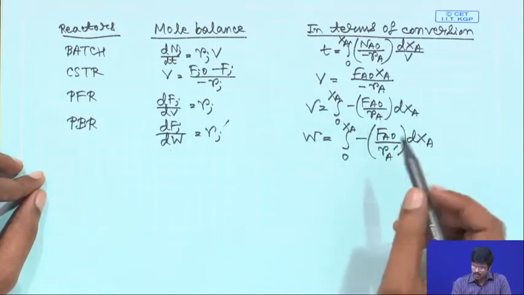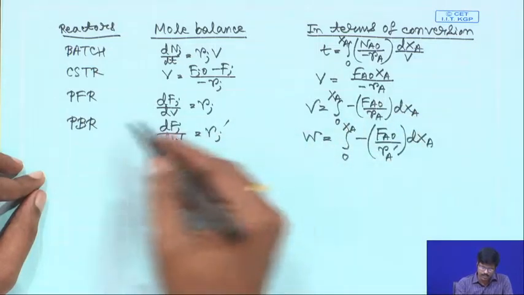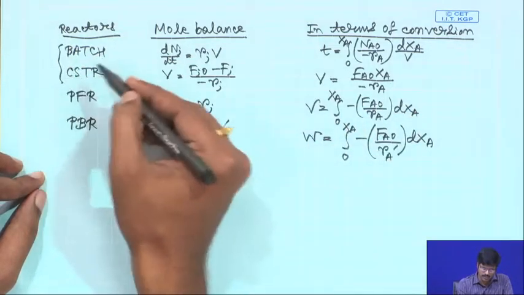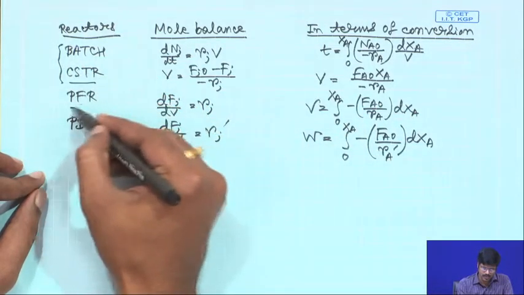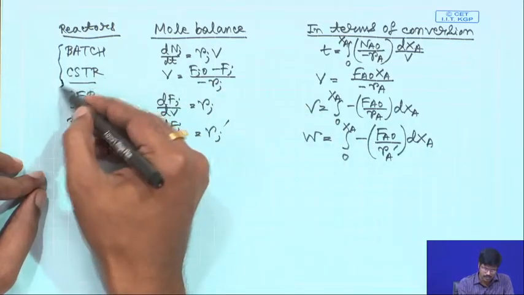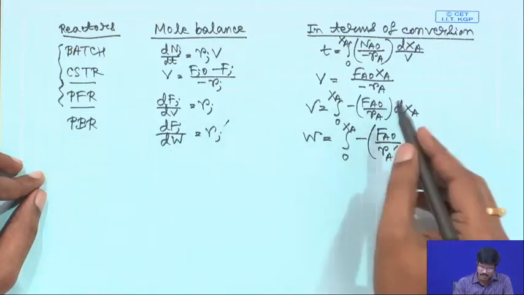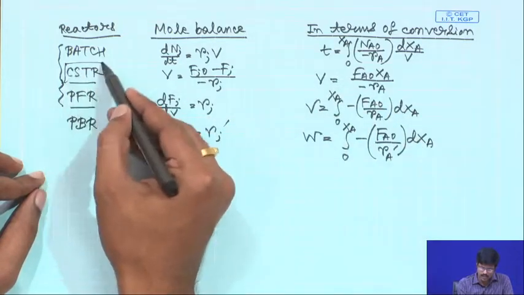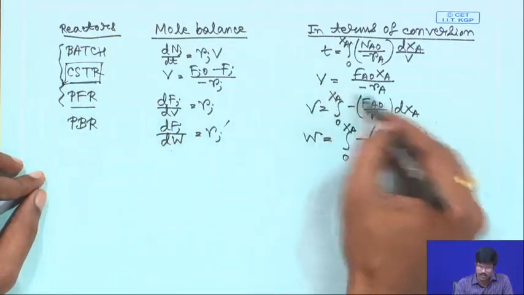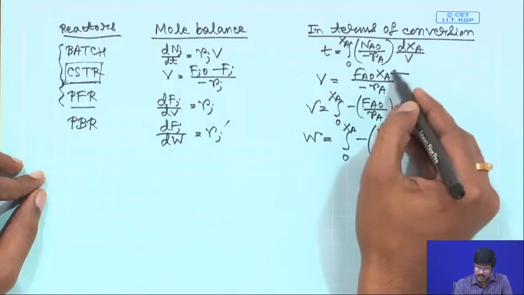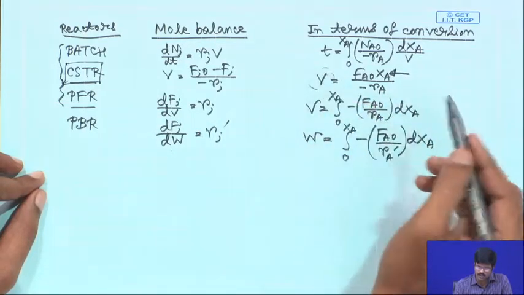Now, if you can recall also, we specifically talked about batch, CSTR, PFR reactors, some problems we are going to also discuss this week. But say for example, if you are looking for CSTR design equation here, so if you are targeting a particular conversion, what is the volume that is required?